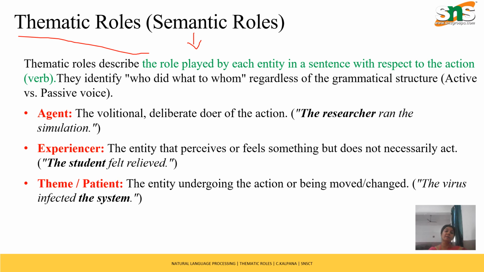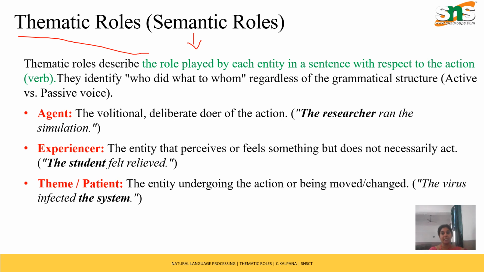The same thing here also: we are going to assign roles for the given sentence.